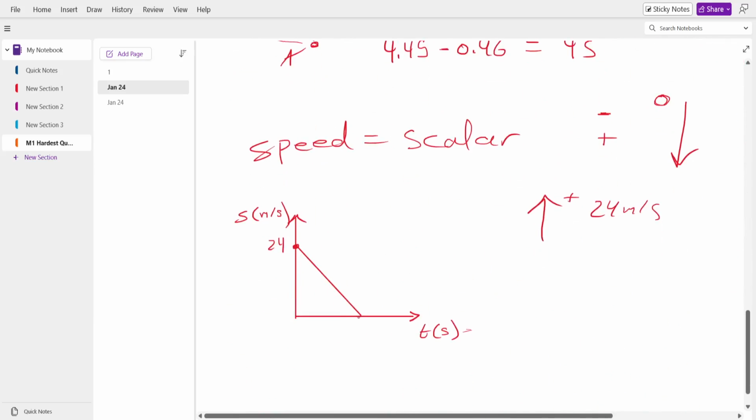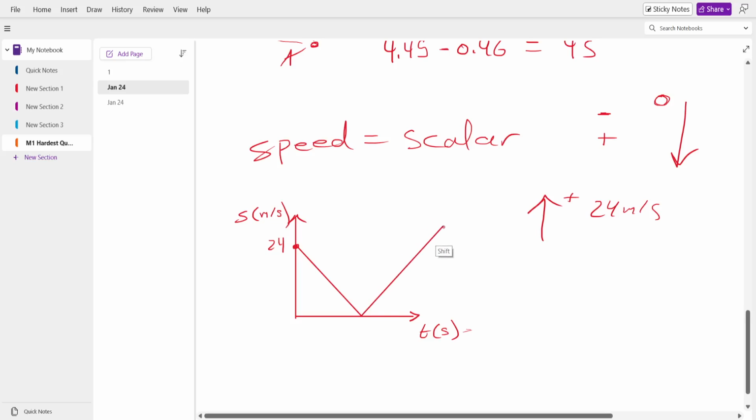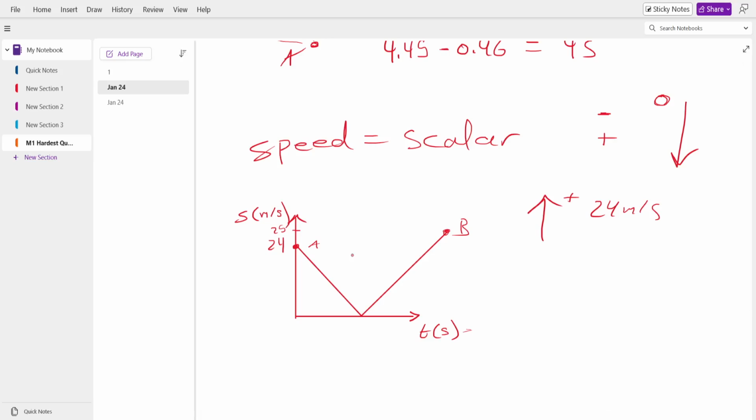Because the acceleration is the same, the gradients should be more or less the same. So around here, let's say this is 25, this was at B, and this was A. This is supposed to be your speed time graph.